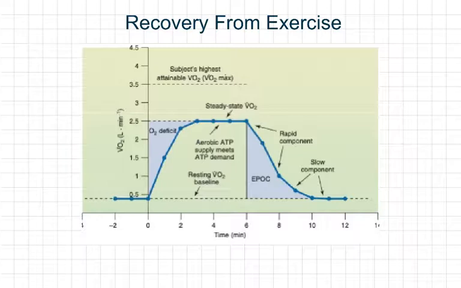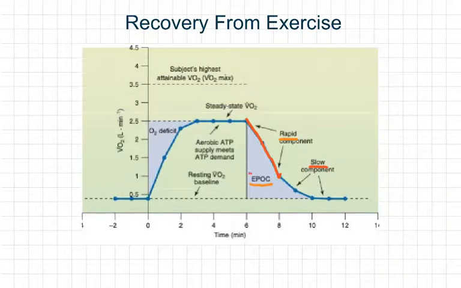And so when we look at EPOC a little bit closer, it can be divided into two subcomponents. The first being the rapid component, and the second being the slow component. And the way you determine the difference between rapid to slow is the rate of the oxygen uptake. If we look here at our graph, the oxygen uptake slope up to right here is very steep.